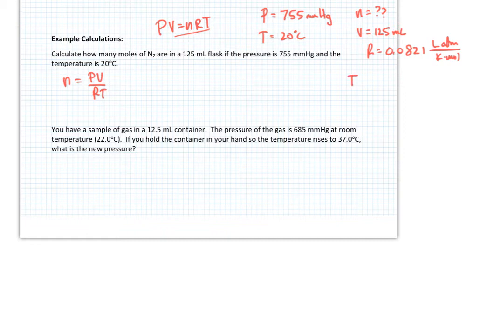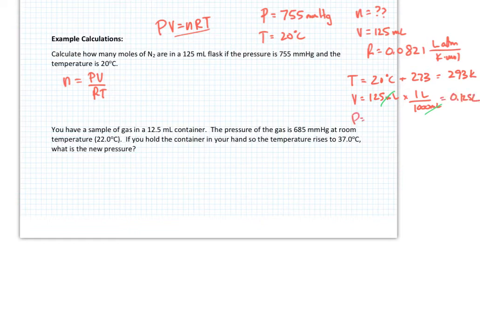Let's take the temperature. We're going to convert this into Kelvin. So this is 20 degrees C plus 273, which equals 293 Kelvin. The volume is 125 milliliters times 1 liter for every 1,000 milliliters. Milliliters cancels milliliters, so that's going to equal 0.125 liters.